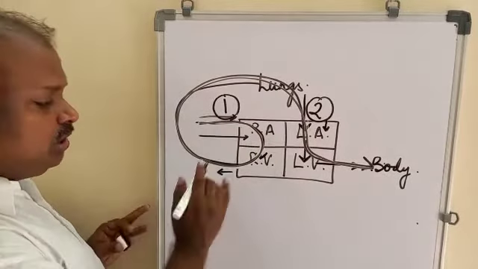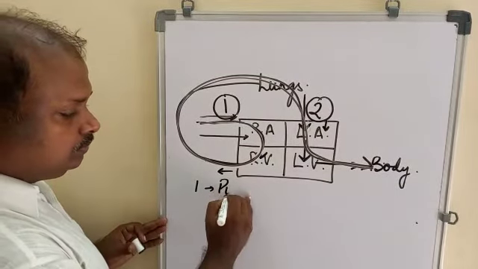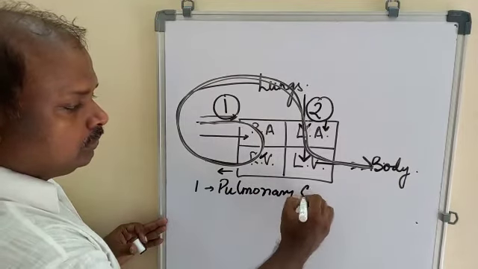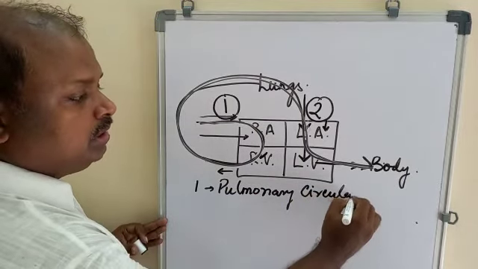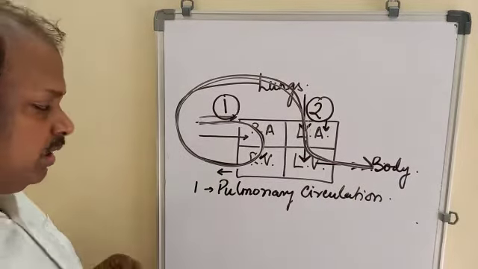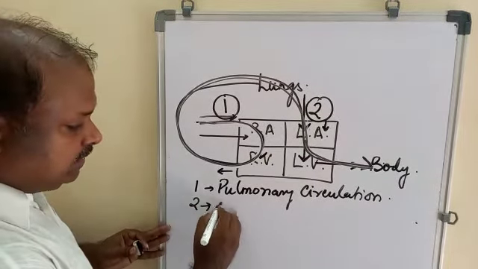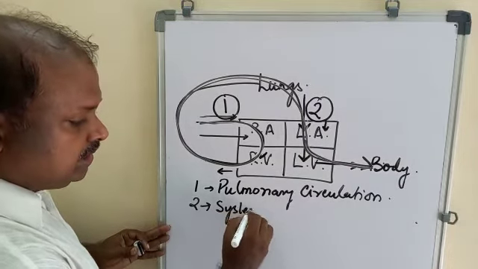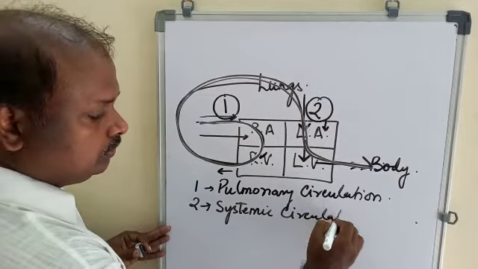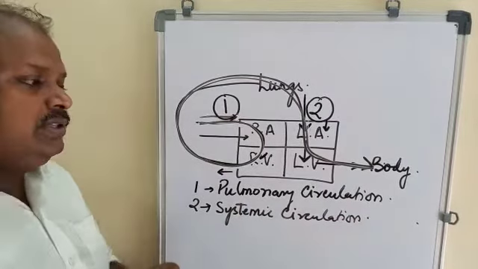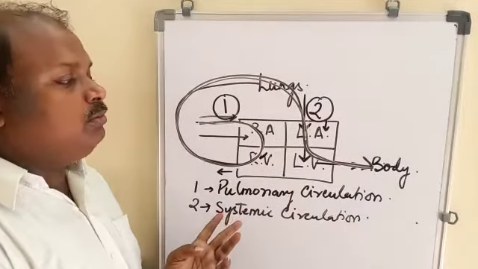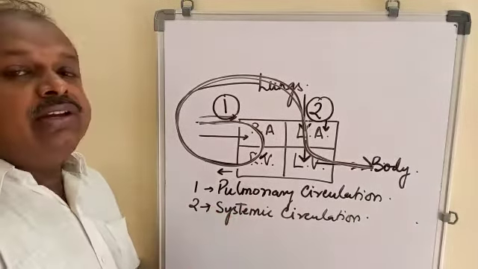And the two circulation names are pulmonary circulation, and the second part that we have is systemic circulation. We have to add these two terms also in this reasoning portion.